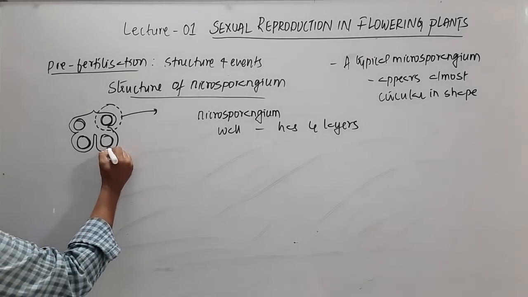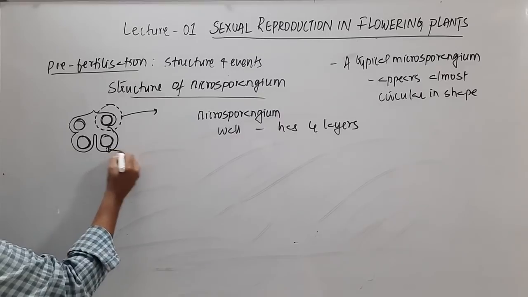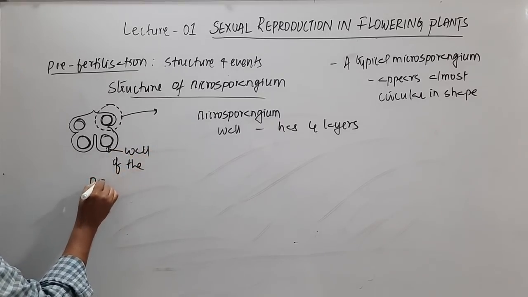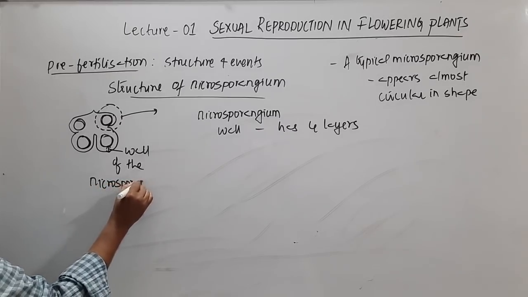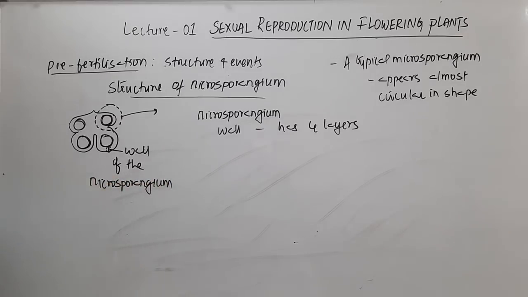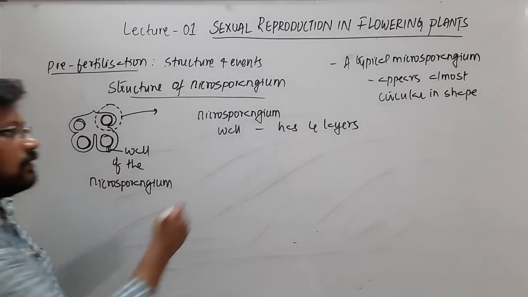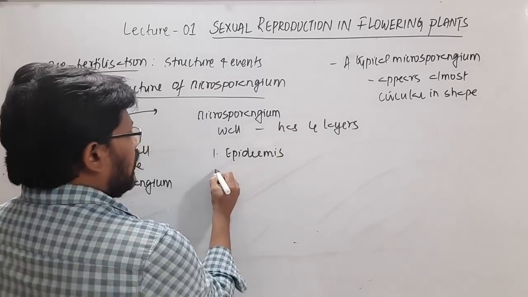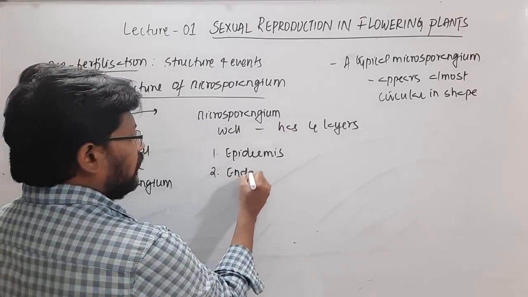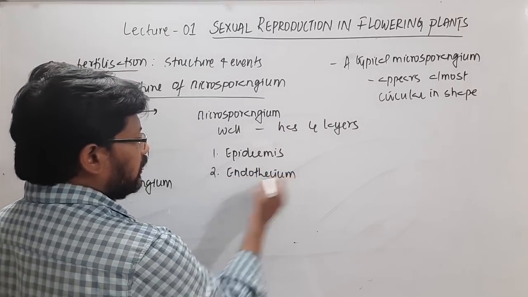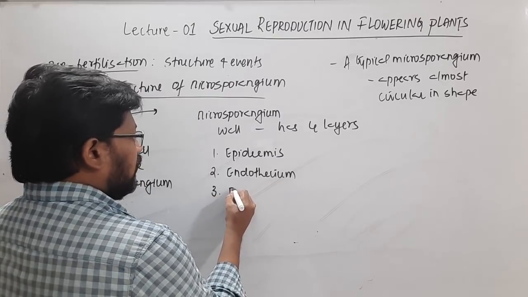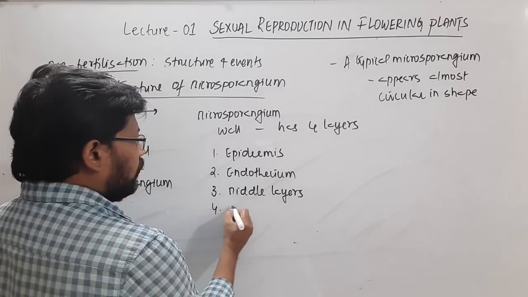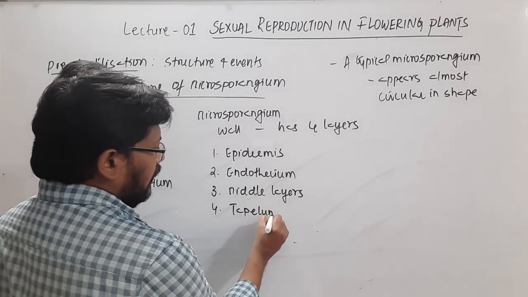Here this is the thickness of that wall, which I call the wall of the microsporangium, and it has a total of four layers. They are: one, epidermis, the second layer is the endothecium, the third is the middle layers, and the fourth is the tapetum.